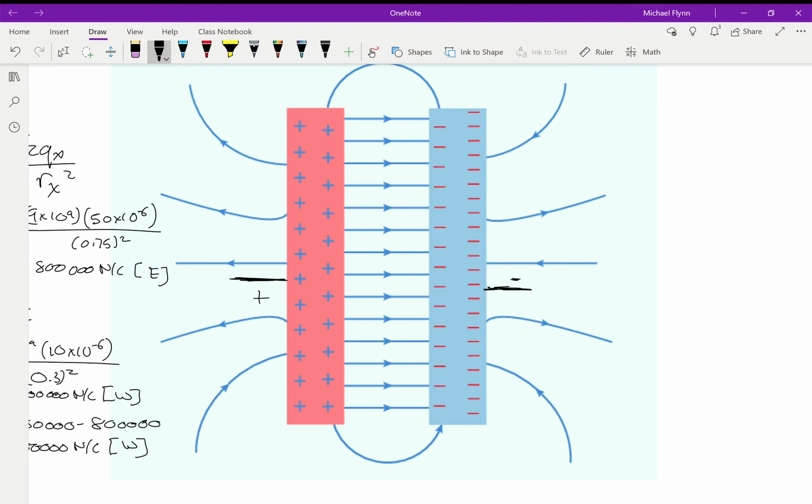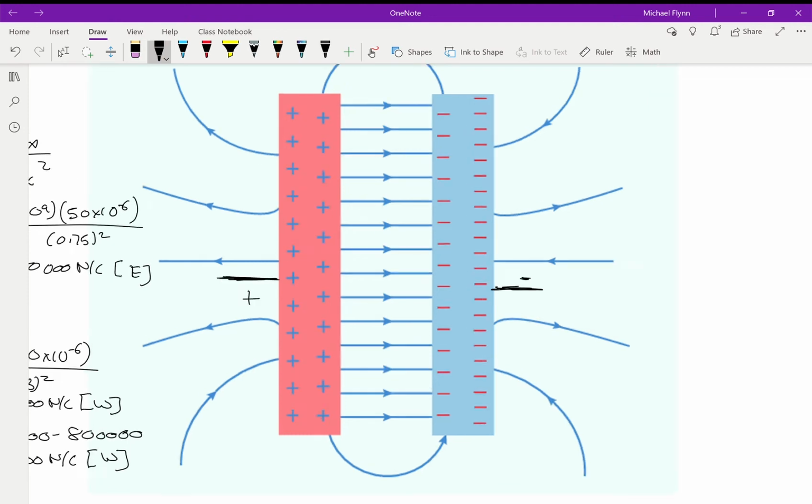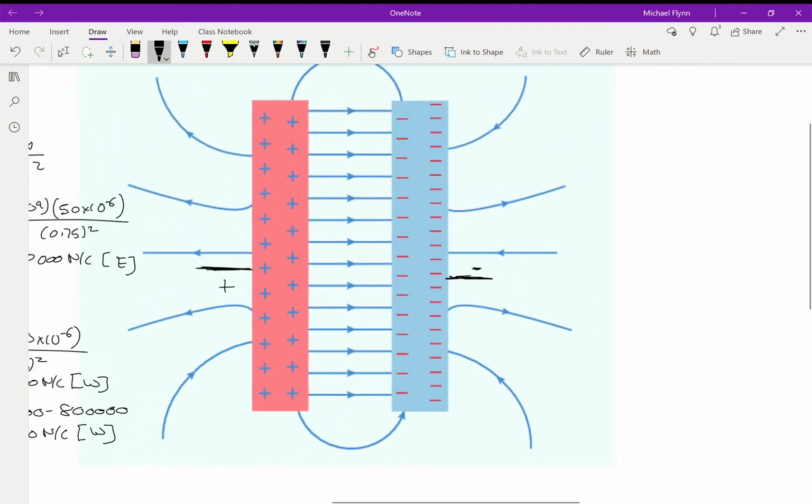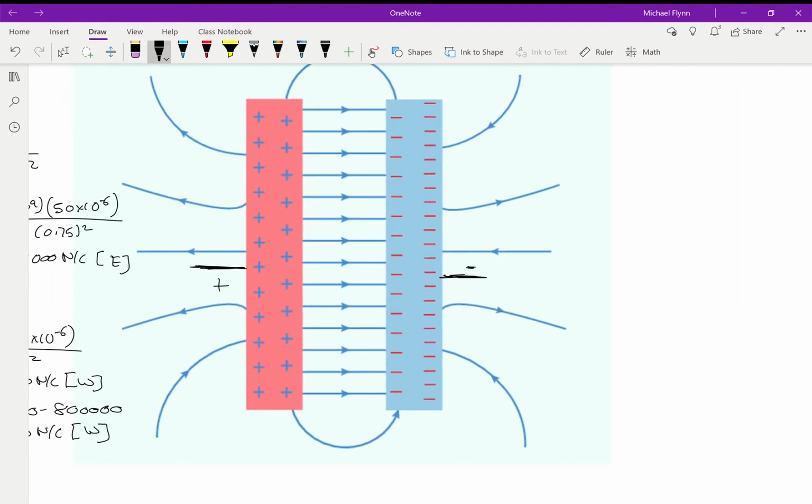What will happen is charge will accumulate on the plates, and as the charge accumulates on the plates, you get a field that forms inside the plates. Now, the thing about parallel plates is here where all the lines are straight. Let me highlight it in yellow.